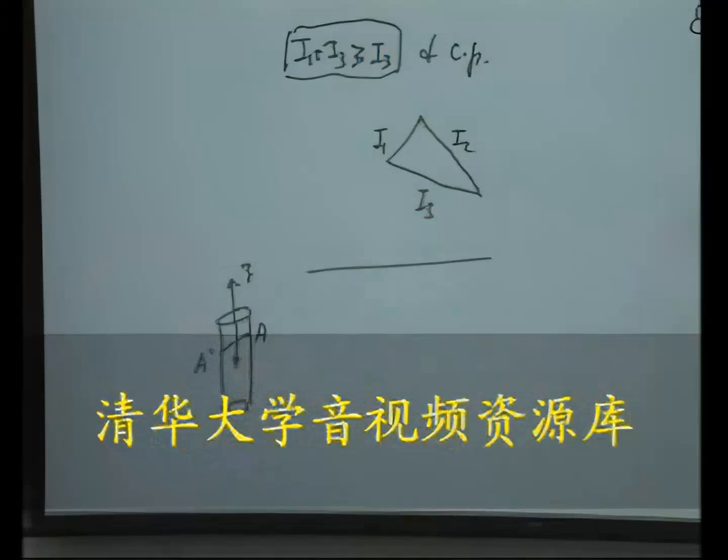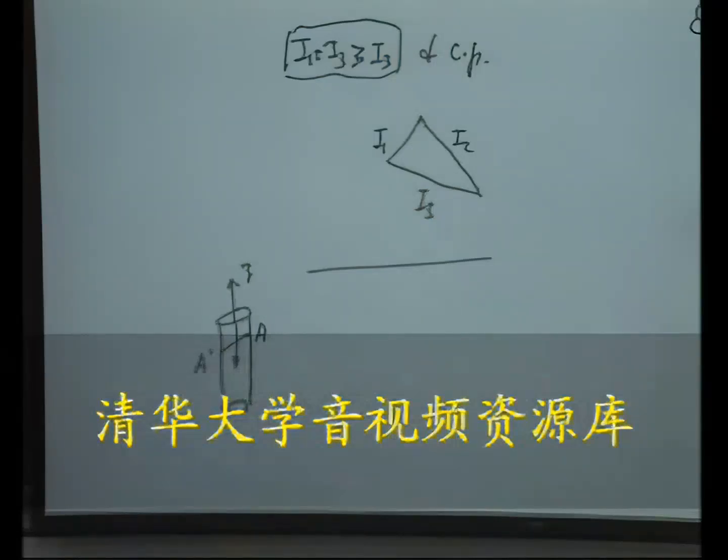The point A has a mass, it contributes to J. The point A prime contributes to J. If you look at it, you will see that A and A prime have the same Z, but equal and opposite X and equal and opposite Y. Right? It's X, Y here, that's minus X, minus Y, but the Z is the same.